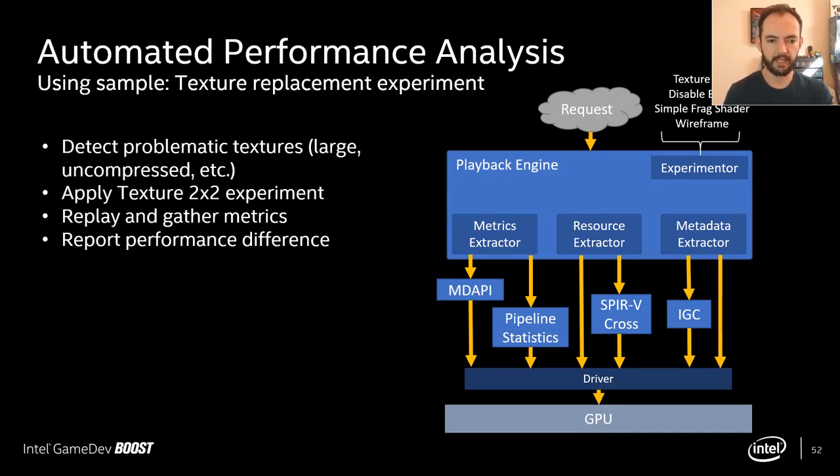So you can apply the texture 2x2 experiment that comes with GPA, and then you can run it, do more metric collection, and when someone comes in the morning and sees that there was a texture flag, you can see, hey, this texture was flagged, but you can also see this type of performance gain if you were to tackle this problem. Of course, that would be the best case scenario, but at least it would give you some information to see what would be the things worth pursuing.